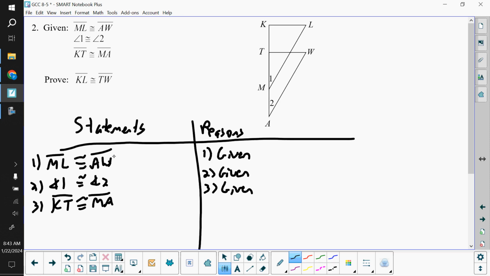So we've got ML congruent to AW, and I should note that eventually we want KL congruent to TW. So we're going to want the triangles that are overlapping congruent. So I'm going to redraw those triangles off to the side just so it's easier to mark up, because otherwise it gets pretty tricky to mark some of the things up.